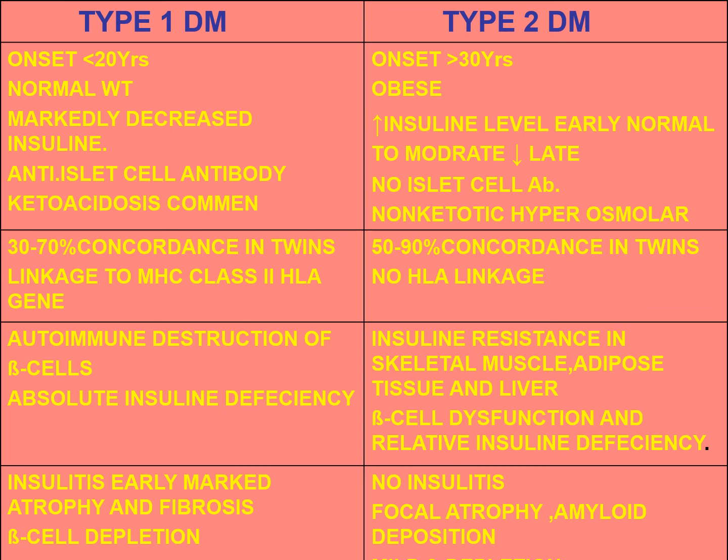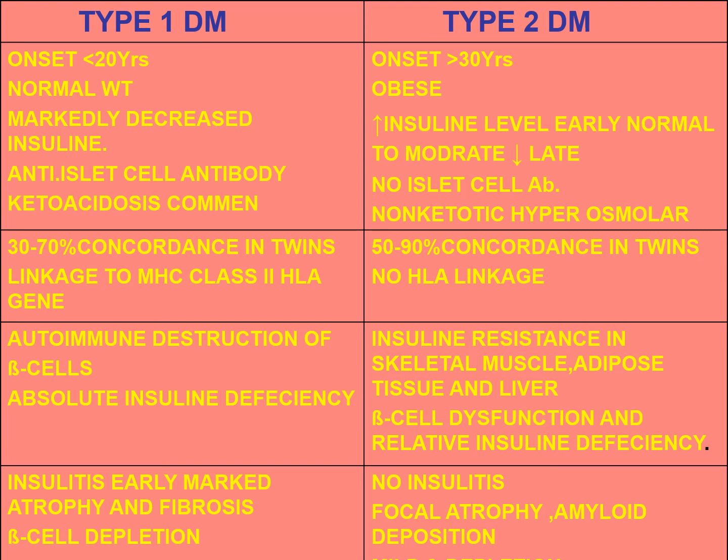This is a table to show you the differences between type 1 and type 2. Here you can see the onset of type 1 diabetes mellitus is at an age of less than 20 years, while type 2 usually presents at an age of more than 30 years. Patients of type 1 may be of normal weight, while those with type 2 are usually obese.